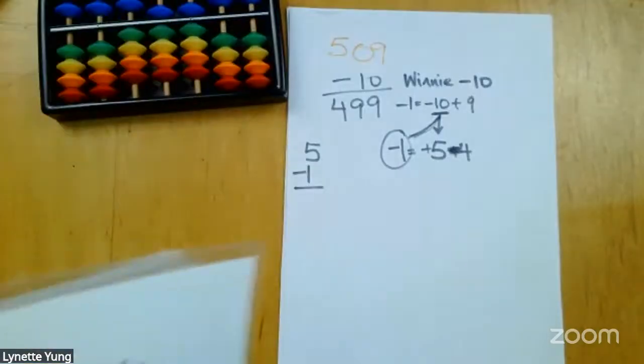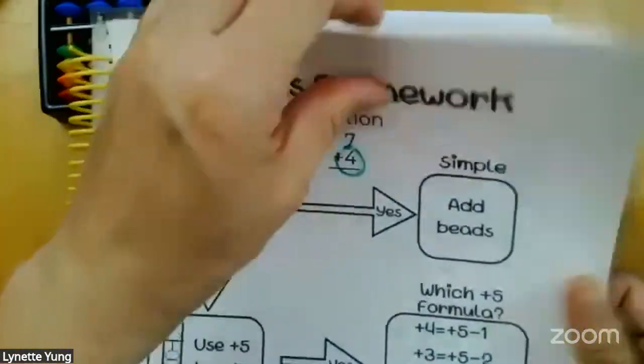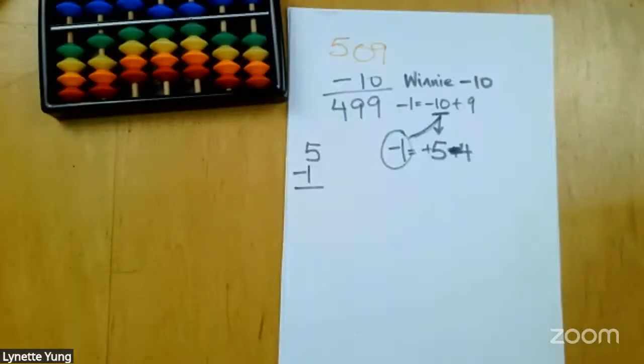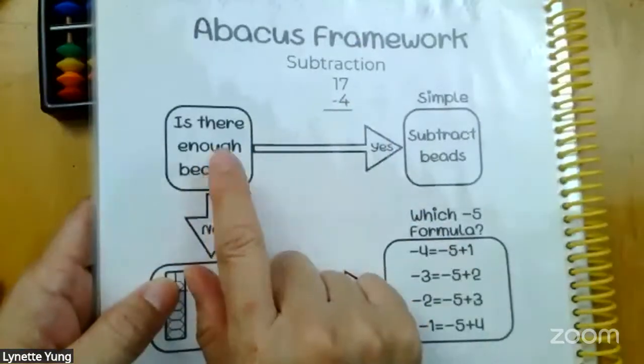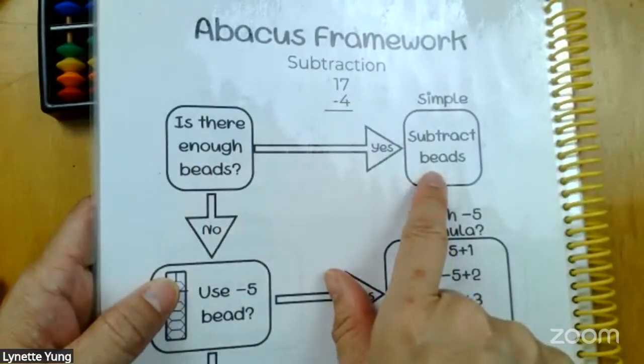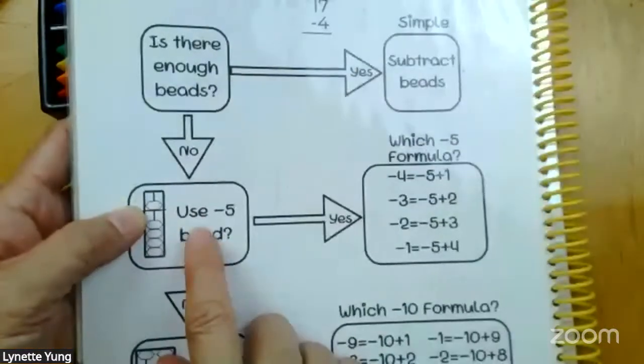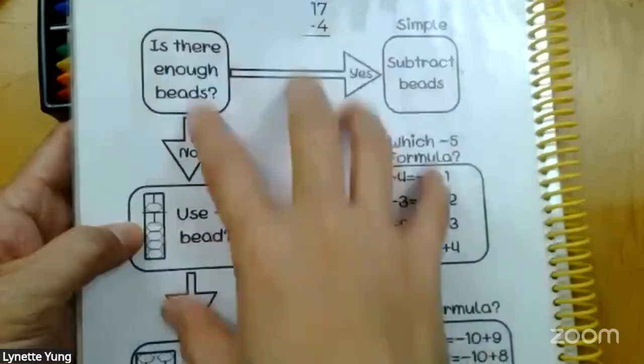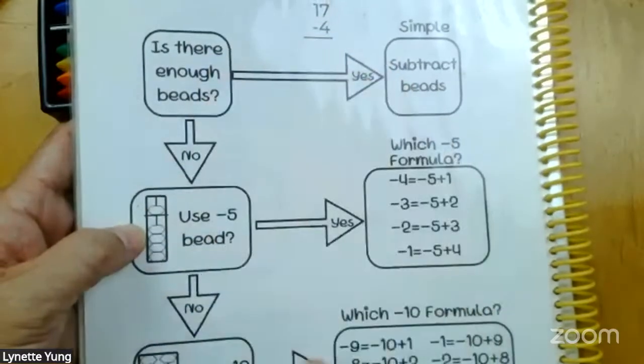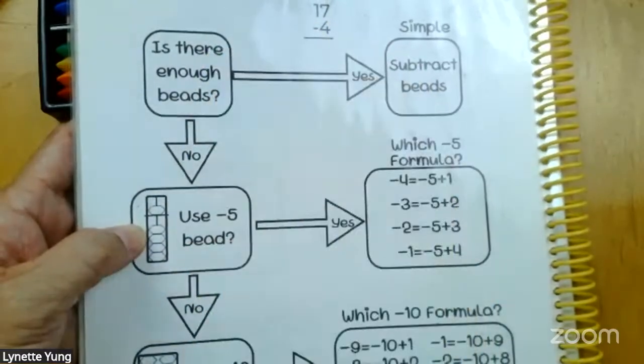Remember that path that we wrote out? The path is always, is there enough to take away 1? Yes or no? If no, then you go here. Is there enough to take away 1 here? This is the formula. This is the path. This is the framework that you go over and over again for every number.